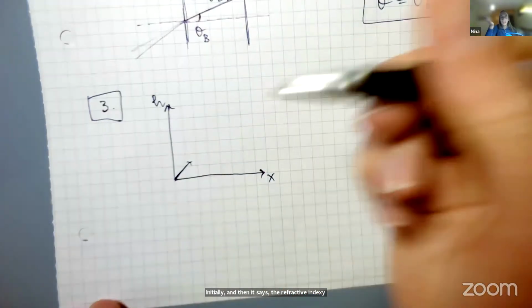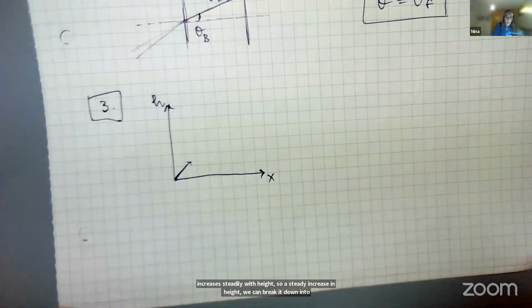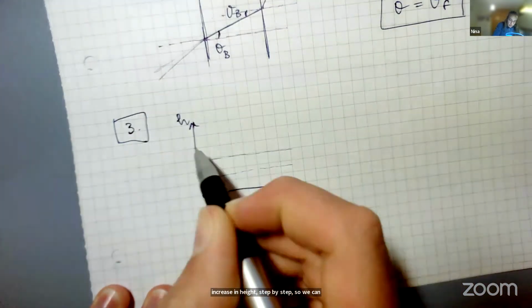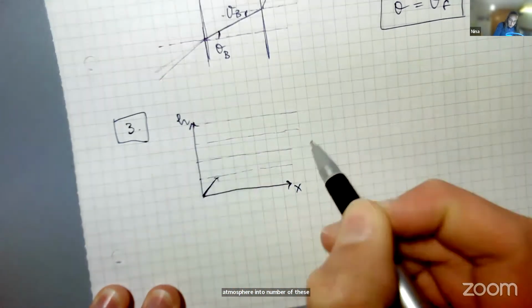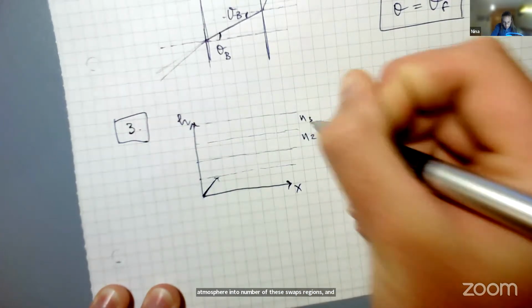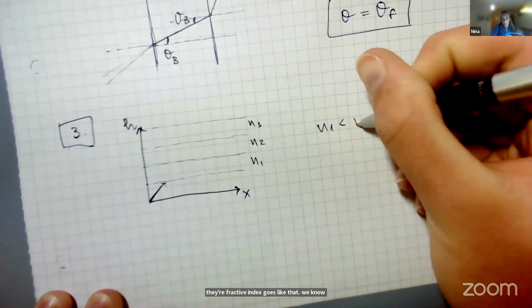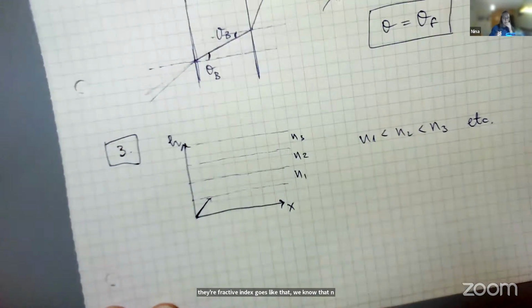So a steady increase in height, we can break it down into increase in height step by step. So we can break down the atmosphere into a number of these slabs, regions. And if the refractive index goes like that, we know that N1 is smaller than N2, smaller than N3, etc. So this is what the atmosphere looks like.